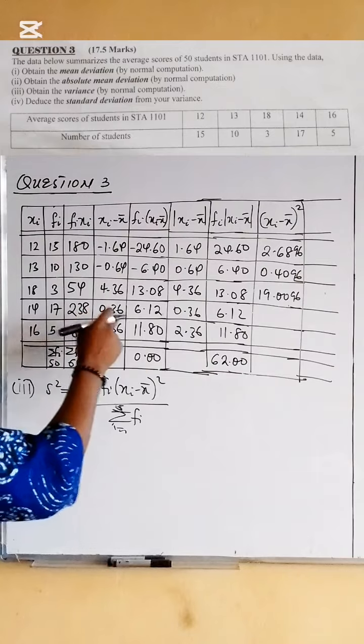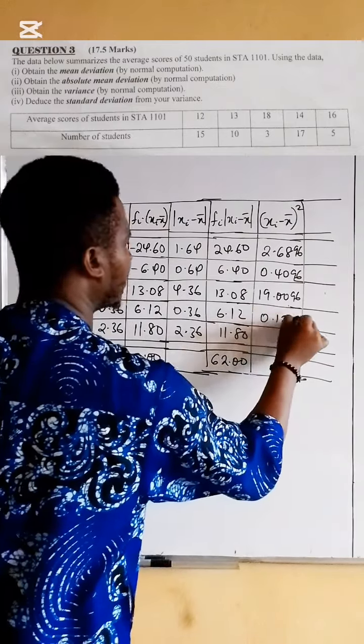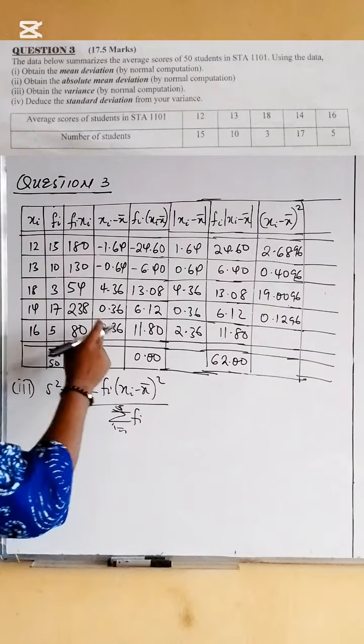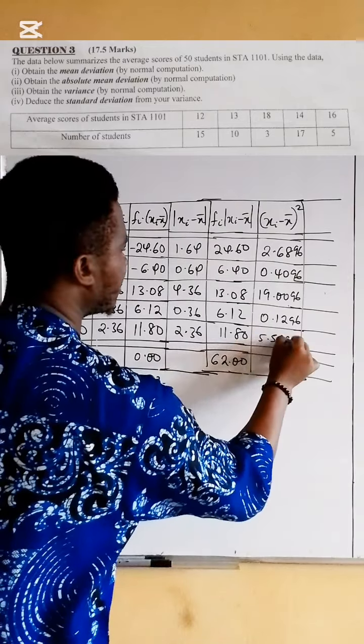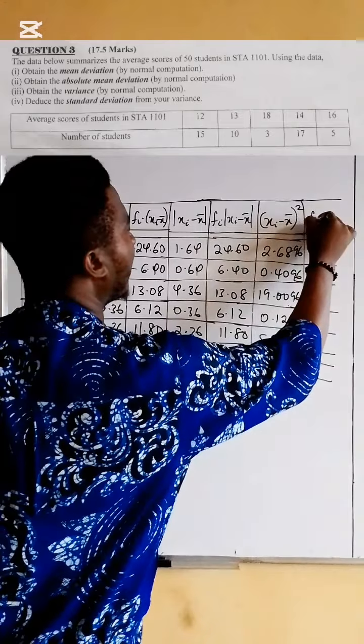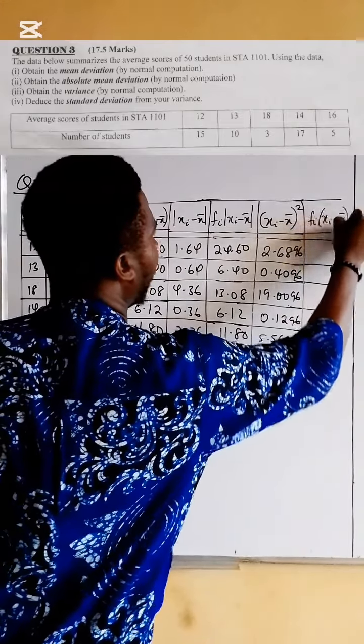Then 0.36 squared, 0.1296. Then 2.36 squared, 5.5696.